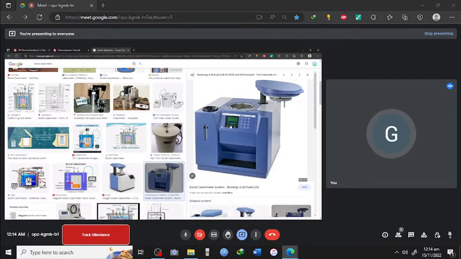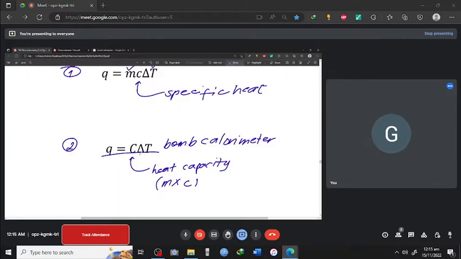So, here, as you can see dito, yan yung itsura ng ating bomb calorimeter, no? Imagine, titimbangin mo yan, tignan natin kung makuha mo yung accurate na timbang nitong material na to, 'di ba? Imagine every time na mag-experiment ka, kailangan mong timbangin 'yan, 'di ba? Sobrang nakakapagod. Okay, so yan lang naman yung something na kailangan tandaan dito, no?